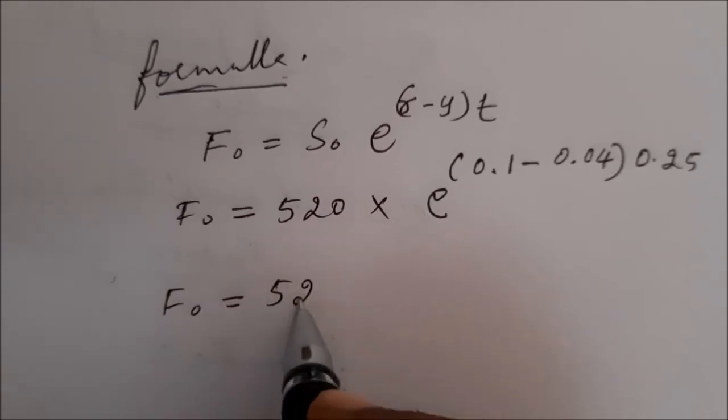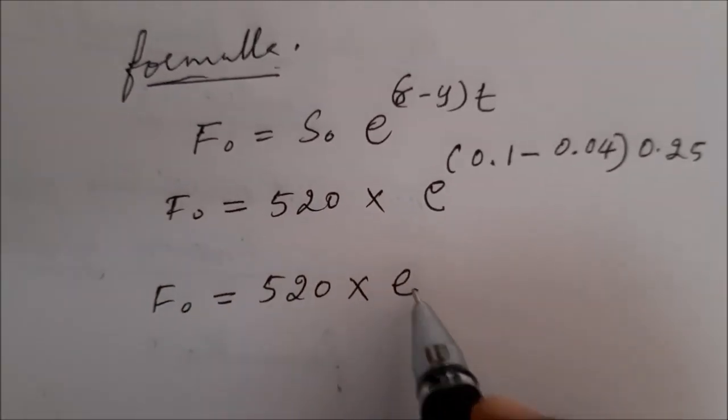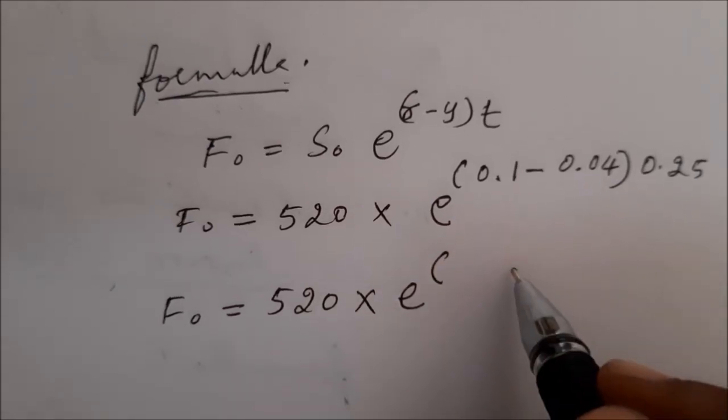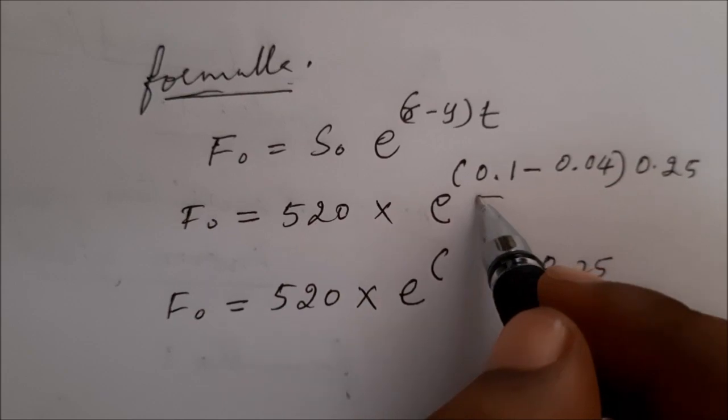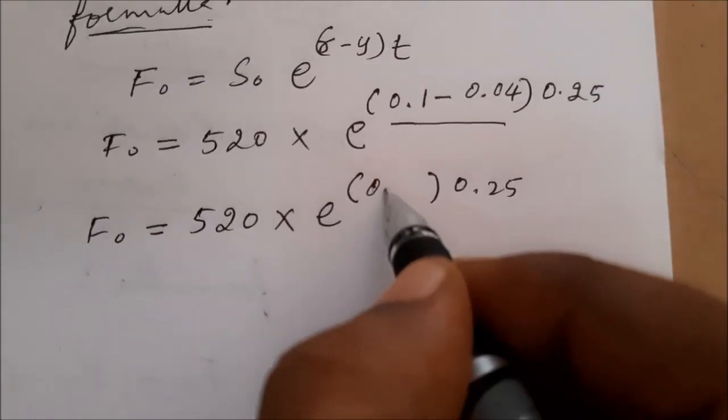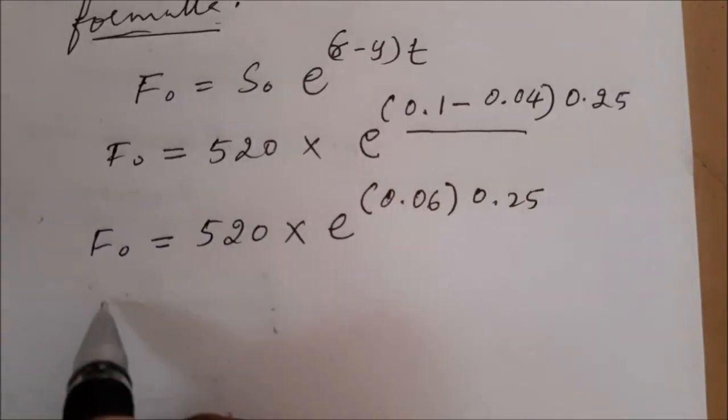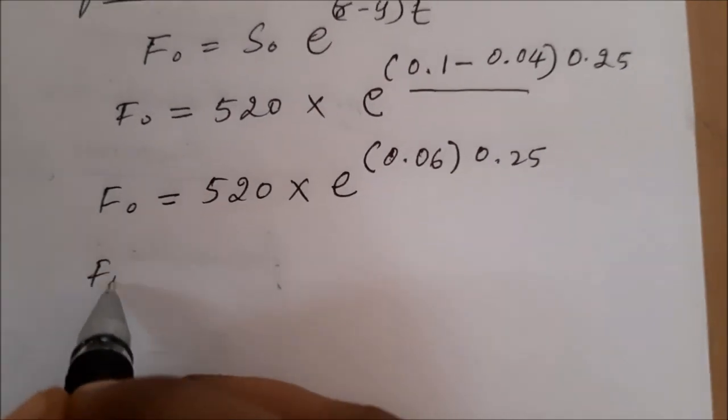F naught is equal to rupees 520 into e to the power, after deducting, 0.1 minus 0.04, we will get 0.06 into 0.25.